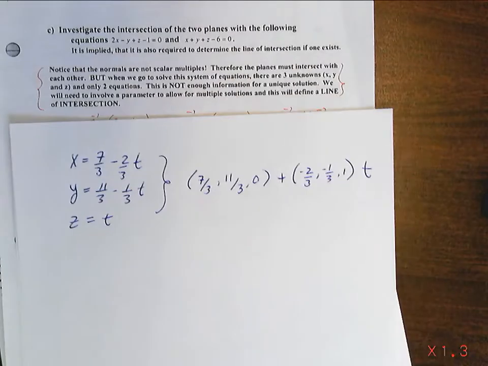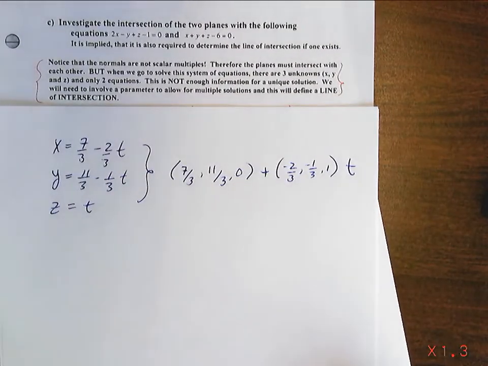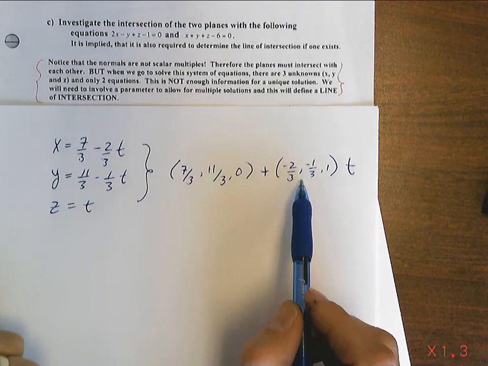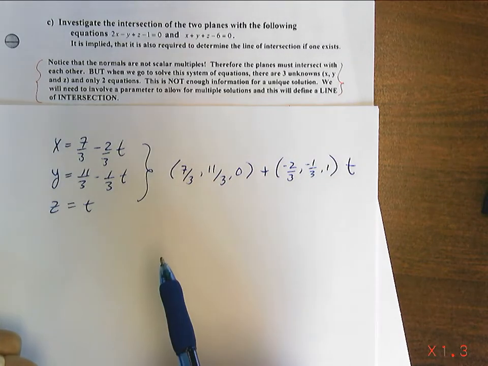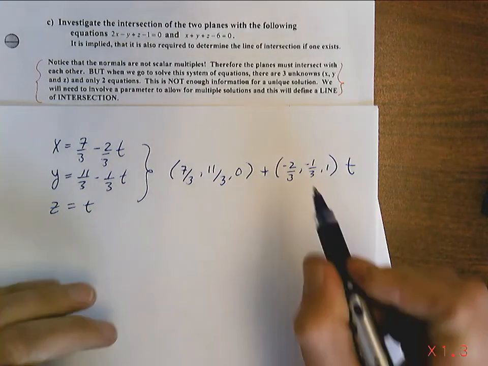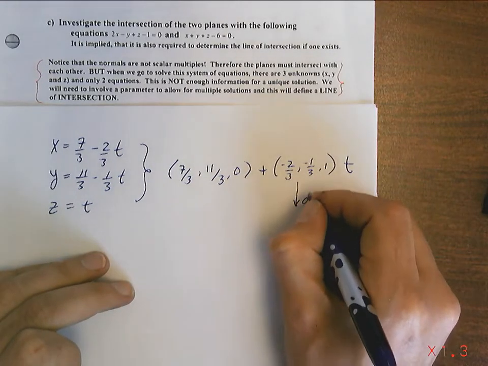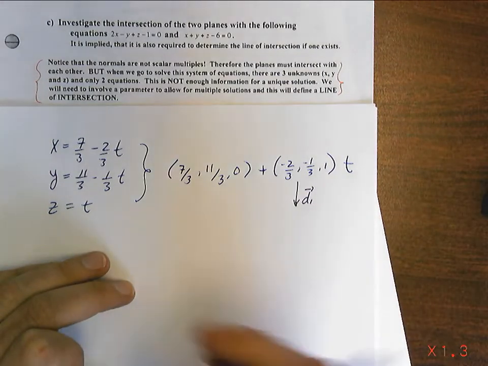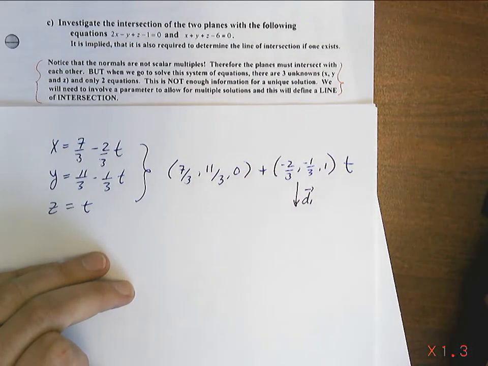So, that's an answer. It's not a very pretty answer. I would rather have integers here rather than fractions. So I can change this to integer values pretty quickly. This is a direction vector, and the magnitude of the direction vector does not matter. It's just its direction.